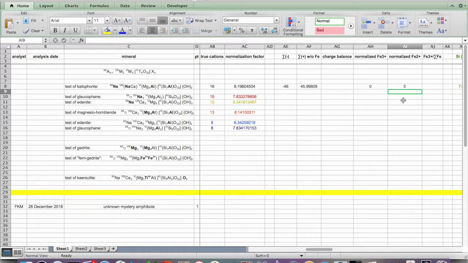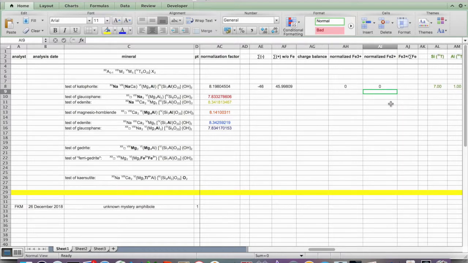So we can now take care of our final 2 calculations here. We are curious as to what the iron 3 over total iron ratio is. Now this is probably going to come out to be a divide by 0 error, but I'm going to set the formula up anyway. So this will be the total amount of normalized iron 3 divided by the total amount of iron.